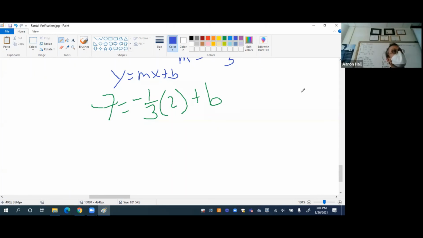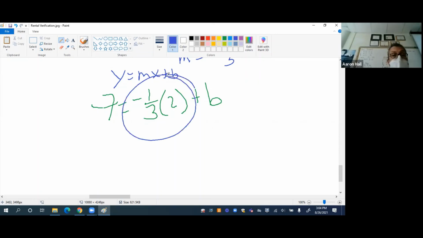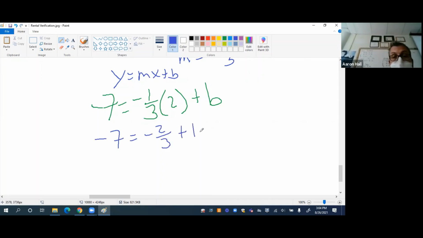Are we stuck? What do we do here? Okay, simplify this. That gives us what? Yep, so I have negative 7 equals negative 2/3 plus b. Now what? Okay, so I have negative 7 plus 2/3 equals b.